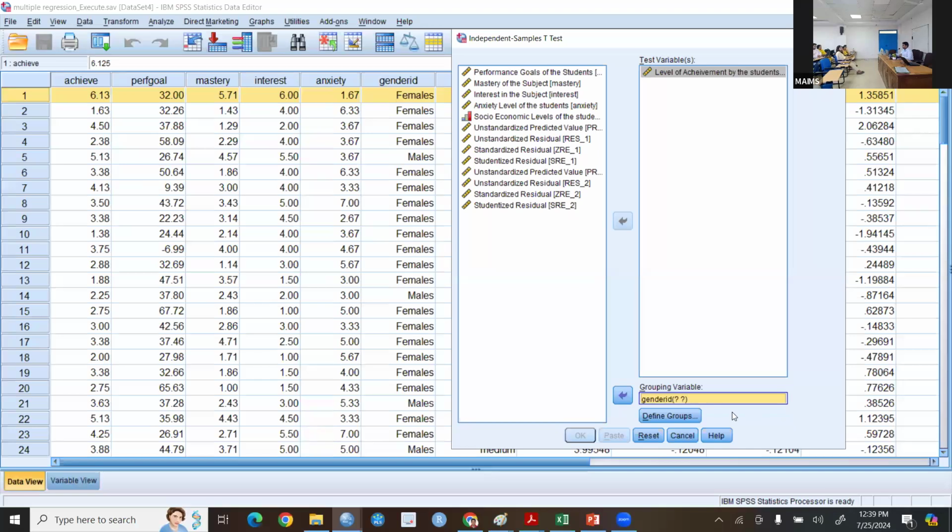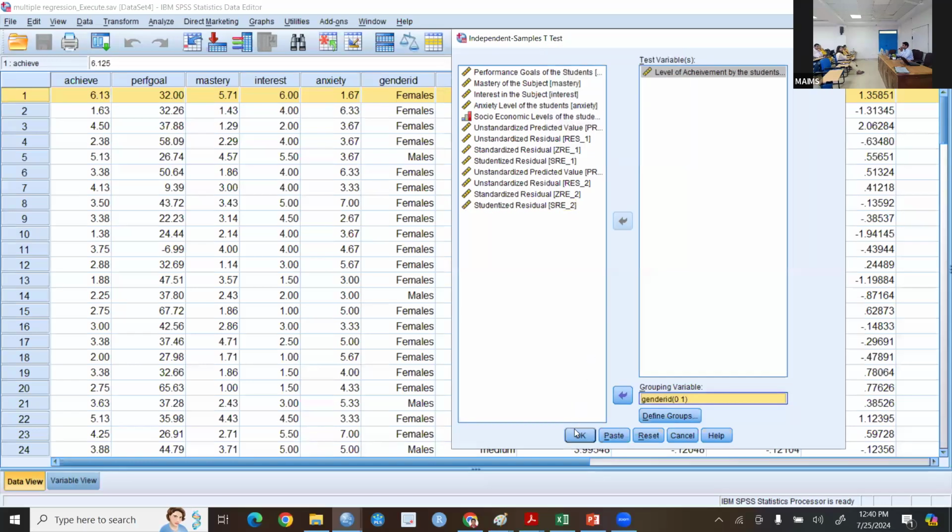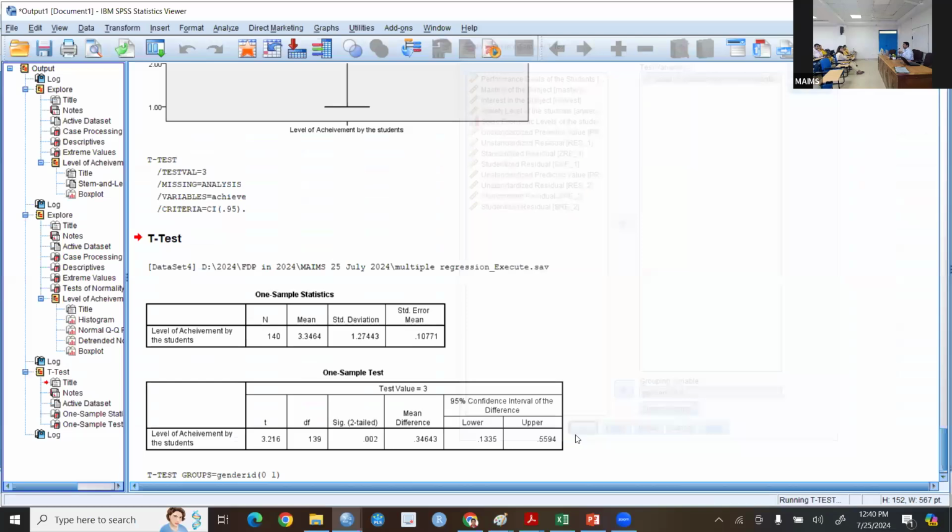Define the groups. I know that the data was coded into 0 and 1. So in t-test, there is only option for 2 categories, not 3 categories, 4 categories. The only option is for 2 categories. So you can click on Continue and simply click on OK.